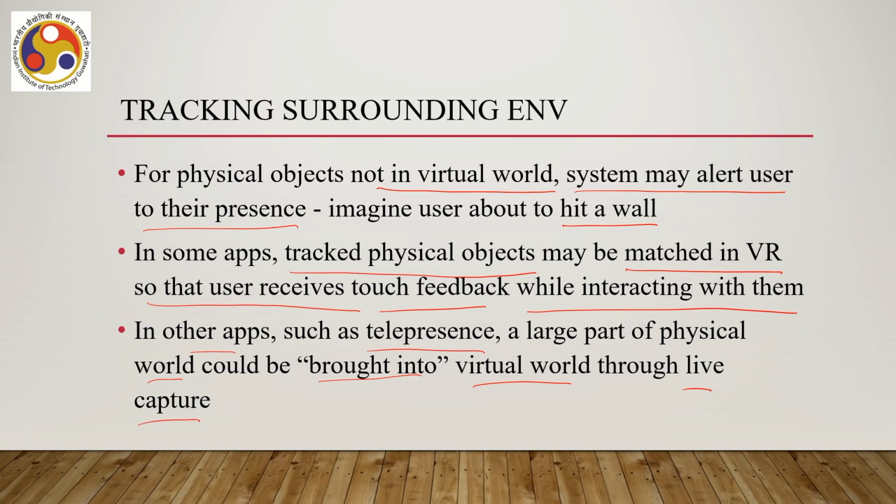So, we can augment the virtual world with a live capture of the real world, which generally falls under the category of augmented virtuality that we have talked about in our introductory lectures. That idea is also some sort of tracking the surrounding.